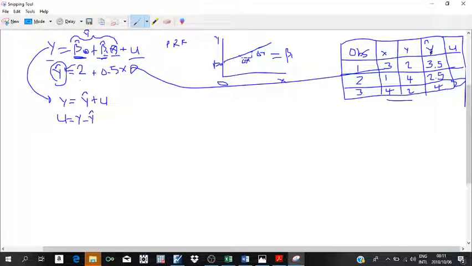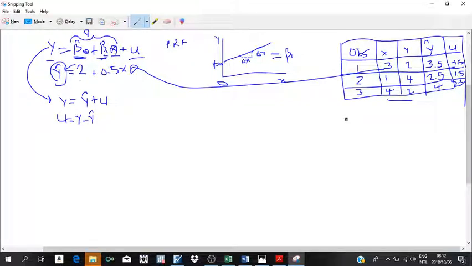So 2 subtract 3.5, we get negative 1.5. And then we come to this 4 here, subtract 2.5, we get 1.5, and then 2 subtract 4, we have minus 2. So that's how we get these, our residuals.